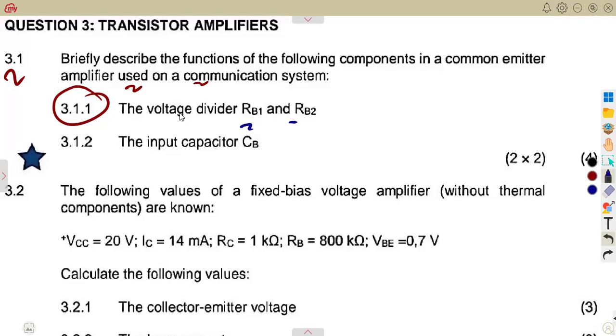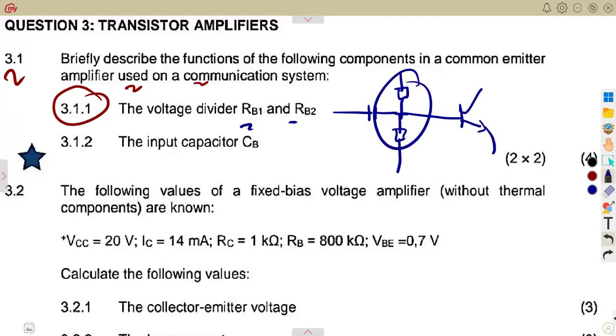So the voltage division of RB1 and RB2 supplies voltage to the junctions of the transistor. Remember, when you have your transistor, you'll be having your RB1 and your RB2 at the input there, which is the one that is going to affect our transistor. As they supply the what? The junctions.